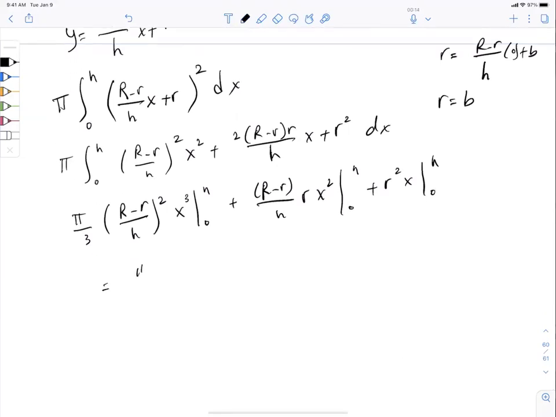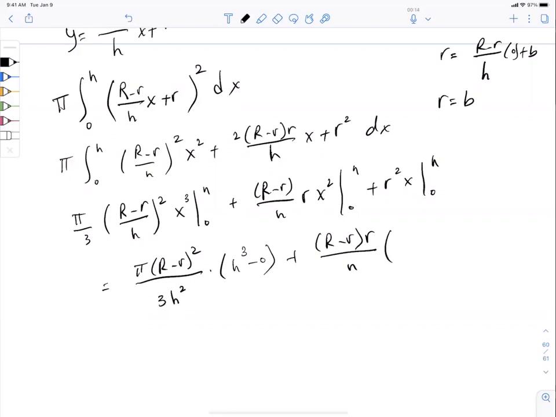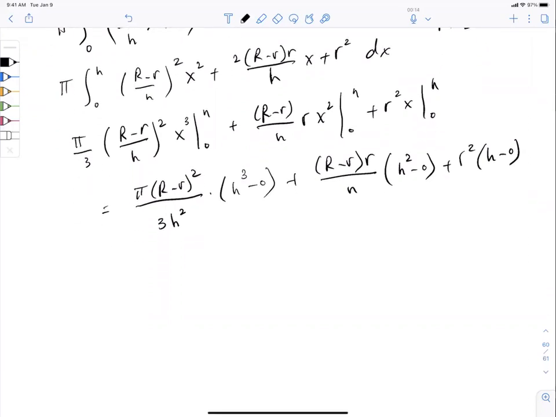So you're going to get pi times (R minus r) squared over 3h squared times h cubed minus 0, plus (R minus r) times r over h times h squared minus 0, plus r squared h minus 0. So it's going to be pi times (R minus r) squared over 3, and there's an h on top. h squared and h cubed cancel, I just get an h.